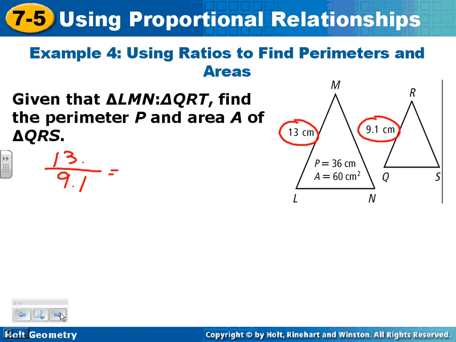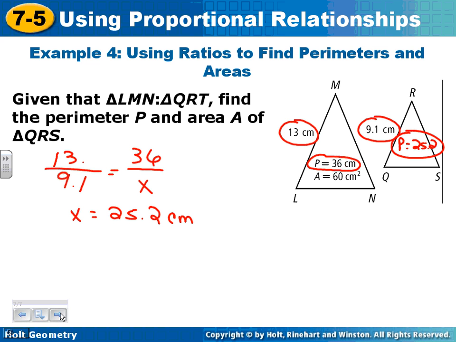Well, the perimeter of the first one is 36. So 36 on top, X on bottom. So cross multiply, solve that. I get X is 25.2. And that would be centimeters. Which means the perimeter of this triangle is 25.2. And I did that just using those two given sides.